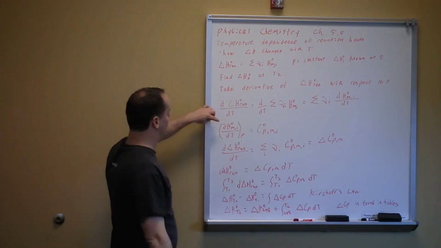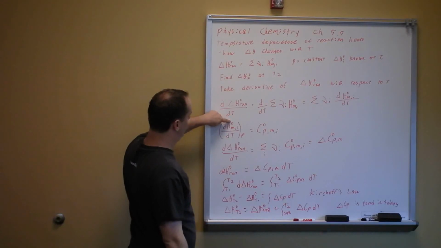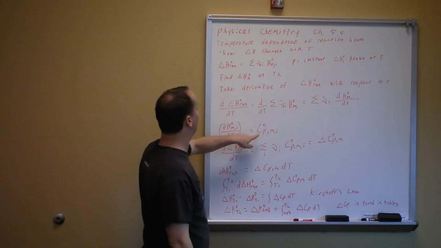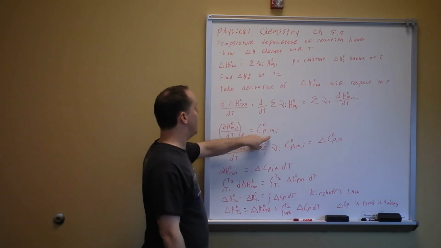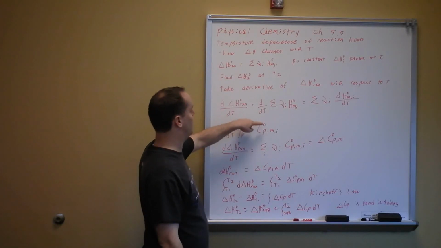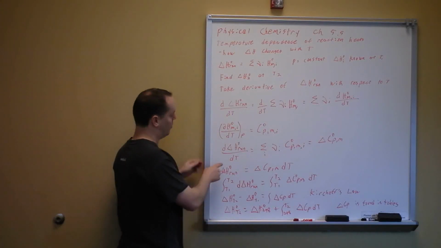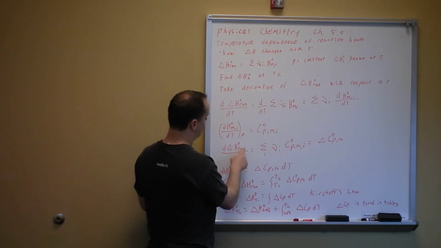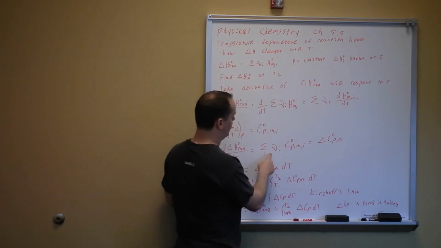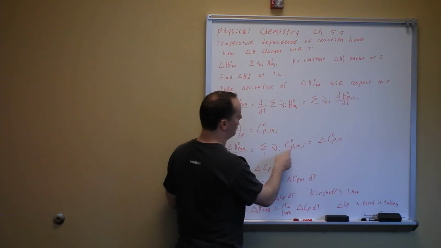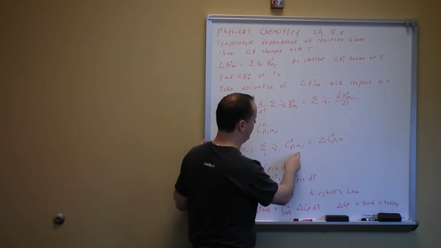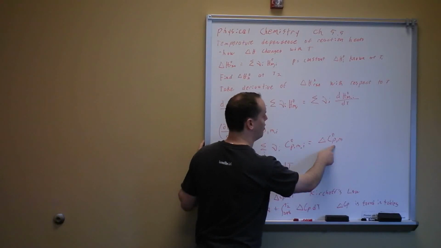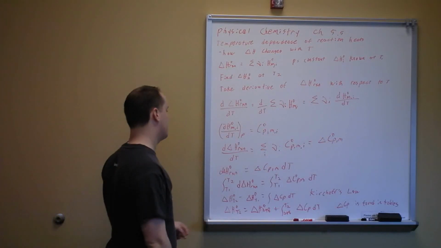And now we know from before that the derivative of molar enthalpy for substance i at 1 bar with respect to temperature, holding P constant obviously because it's 1 bar, is just equal to the molar heat capacity for substance i at constant pressure, which is kind of redundant because we said 1 bar, so you know what the pressure is. Okay, so the derivative of the enthalpy of reaction naught with respect to temperature is equal to the sum over substance i of nu_i times the molar heat capacity for substance i, holding pressure constant at 1 bar, which is just equal to the change in the molar heat capacity at 1 bar.